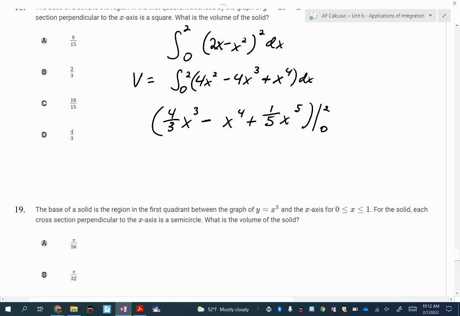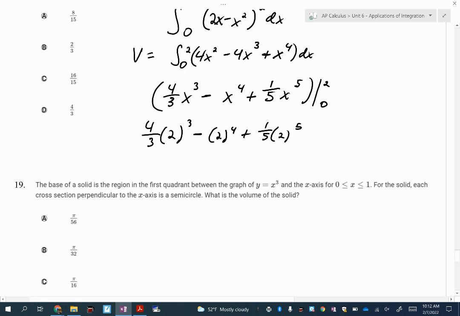Now, I only need to evaluate at 2, and I should get my answer. So 4/3 times 2 cubed minus 2 to the 4th power plus 1/5 times 2 to the 5th power. Again, you can go to Desmos at this point and type it in. So 2 to the 3rd power is 8, times 4 is 32/3, minus 16 plus 32/5.